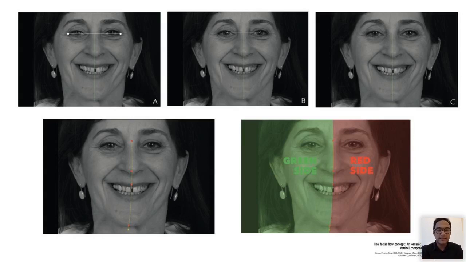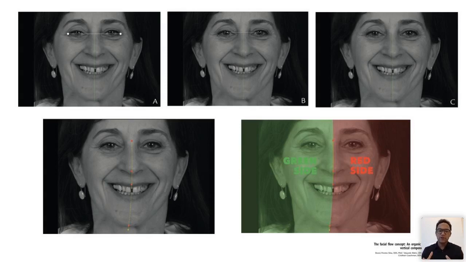If you take a look at the photo on letter A, you will notice that the tip of her nose, the lips, and the chin are not in the middle of the face. If you see that vertical line, it's not going in the middle of her face. If you look at the picture on letter B, it's more symmetric, but if you look at the chin, that vertical line is not touching the middle of her chin.